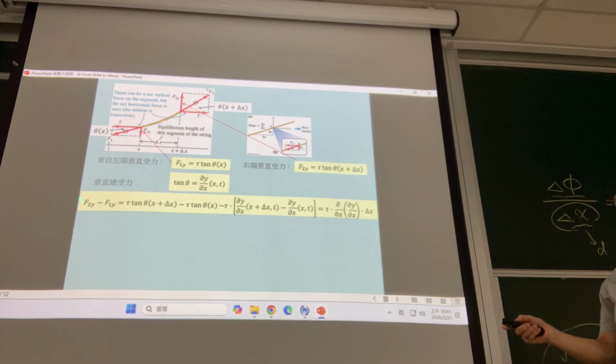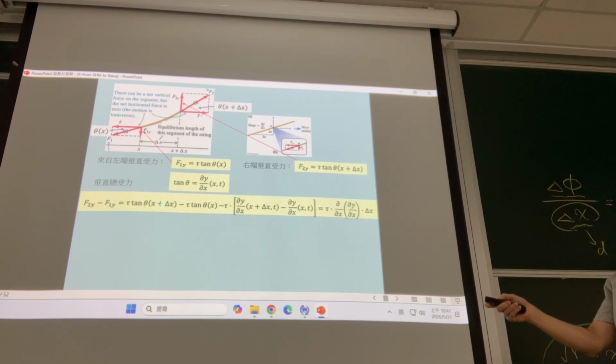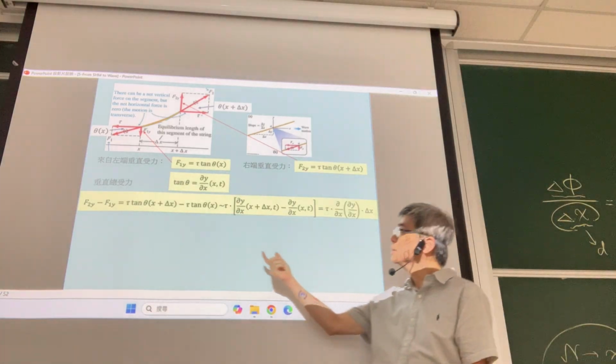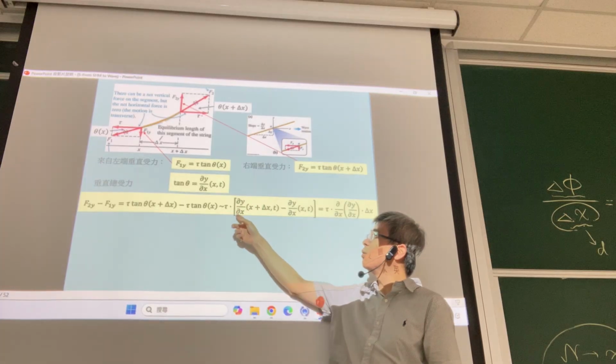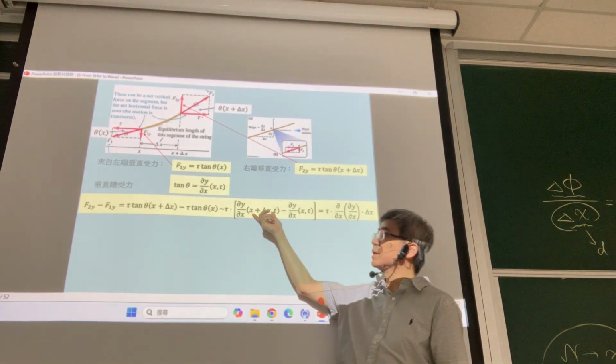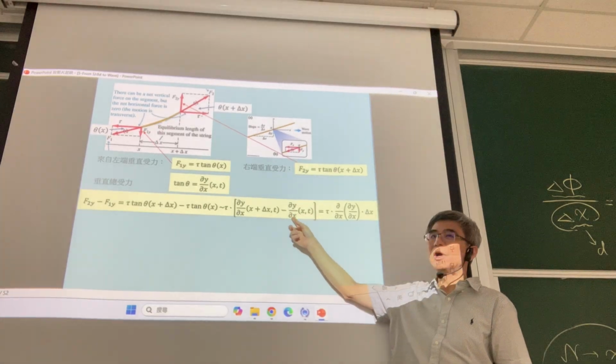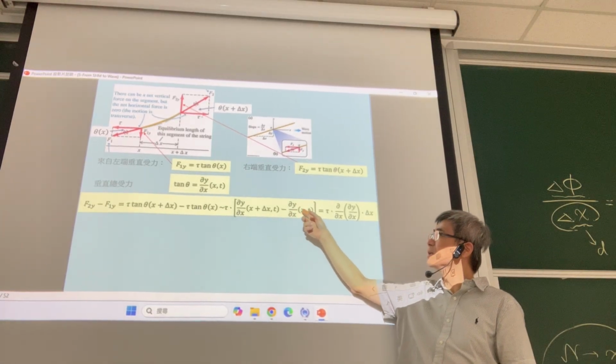Therefore, f2 minus f1 in the vertical direction will be tau times tangent theta at x plus delta x minus tangent theta at x. Since tangent theta is partial y partial x, this expression could be written as tau times partial y partial x evaluated at x plus delta x, minus partial y partial x evaluated at x.